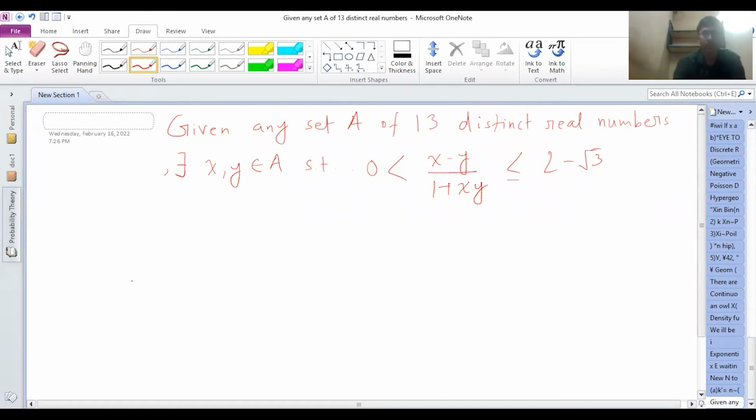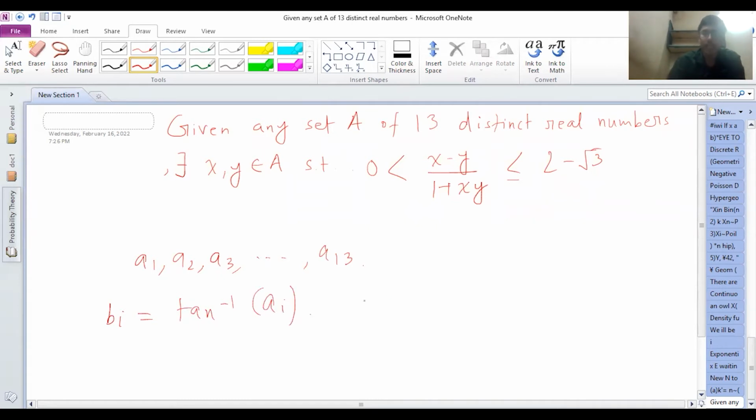So let us assume that the numbers are called A1, A2, A3 up to A13, and we take bi equal to tan inverse of ai.